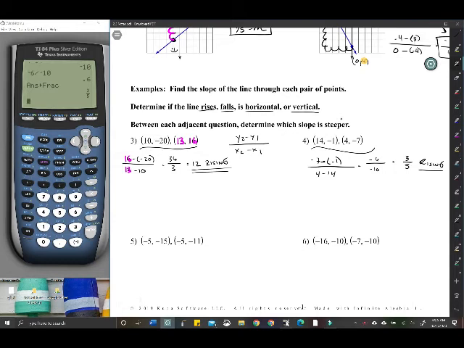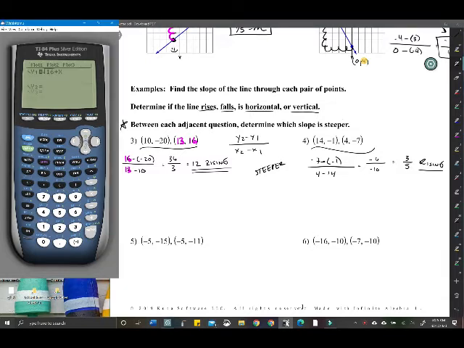Now, which is steeper? That was the second part. A good way to think of this is, if we think of this slope as 12 and 3 over 5, which graph has a steeper slope? We can actually graph them both in the calculator. That's one way to look at it.